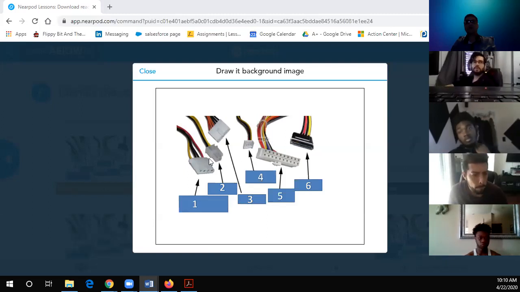It's either 6 or 8. That was the one that we said is for what though? It's auxiliary, to provide extra power. Yeah, because it's the older models where you needed that for the motherboard. That is correct. And you'll notice that it's smaller than this one here. Number 4. What's 4?